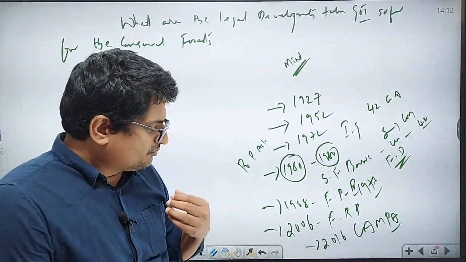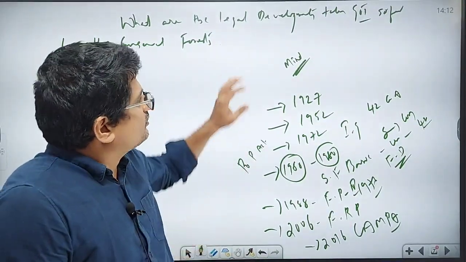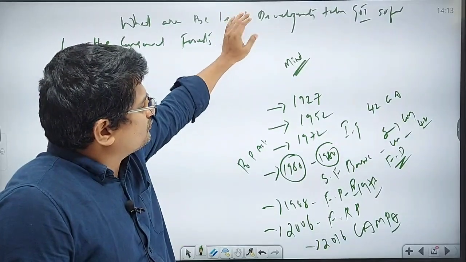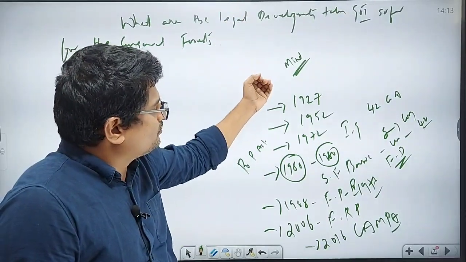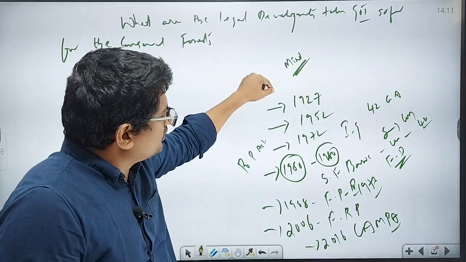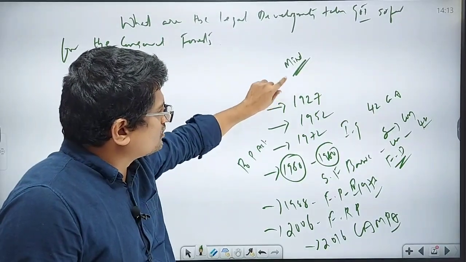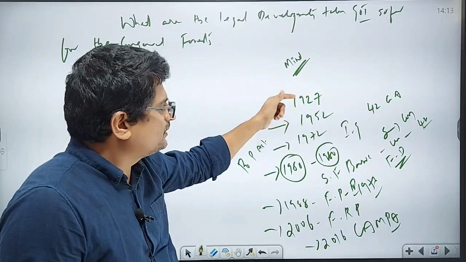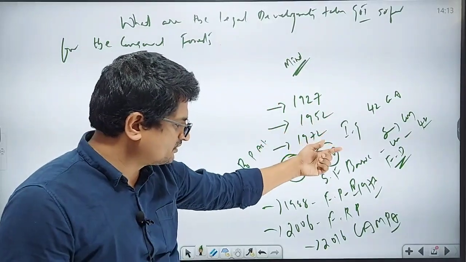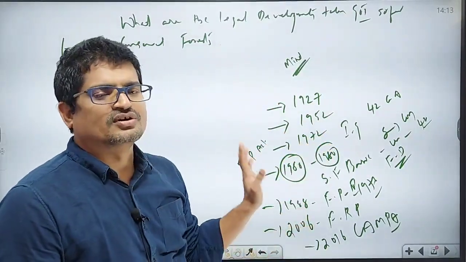Okay, my opinion is that for this type of question, we should have a mind map which is related to the chronological order of our legal aspects and our constitutional aspects for the protection of forests.